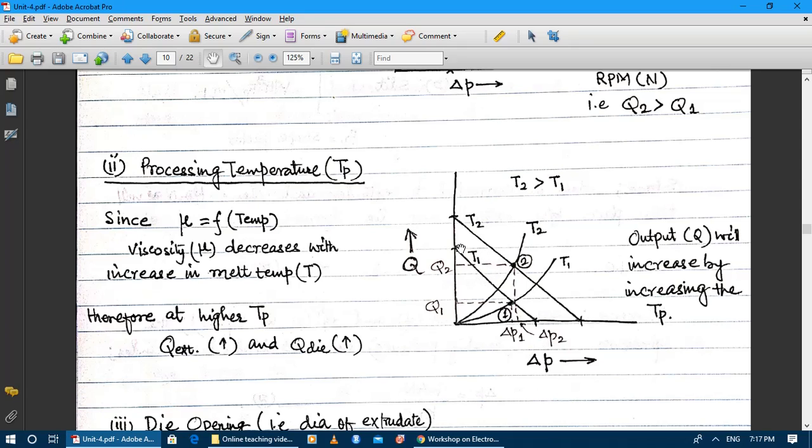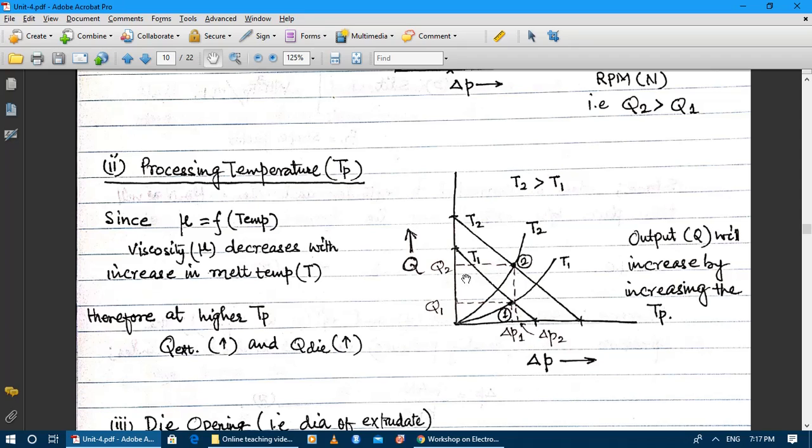At T1 this is my screw characteristic curve and this is my die characteristic curve, and point number 1 is my first operating point. But when we increase the processing temperature to T2, the next screw characteristic curve is this one, and the die characteristic curve at temperature T2 is this one, and point number 2 is the new operating point.